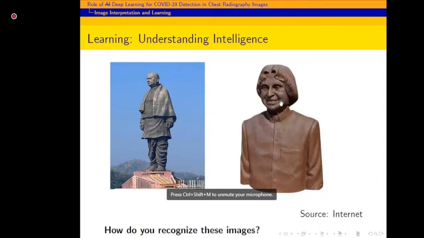So we need a lot of samples from both of the categories, and we feed the samples to the algorithm, and based on the training samples you build your model, and then you can check the effectiveness of your model by using the testing set you have, right? Like we learn, in a similar way we can teach our machine, and that is where the concept of intelligence lies. That's what machine learning is all about.